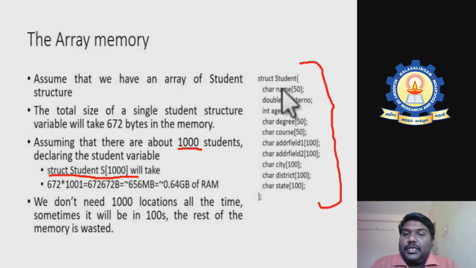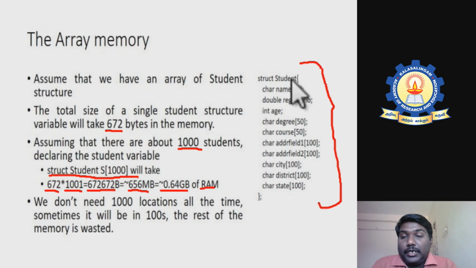If we add the sizes of all these variables together, it is 672 bytes for a single structure. Since we are declaring it as s[1000], we'll have 1001 locations, 0 to 1000, so the total size will be 1001 into 672. That is approximately 656 megabytes, and approximately half a GB of RAM is occupied for this variable alone.